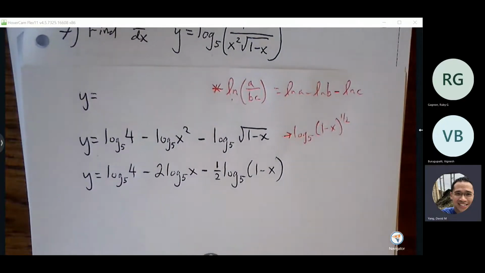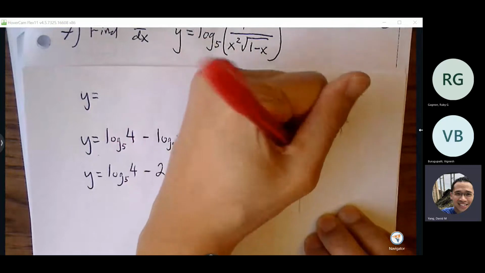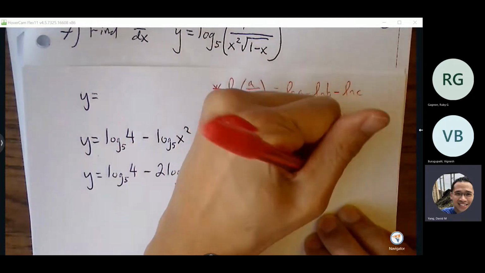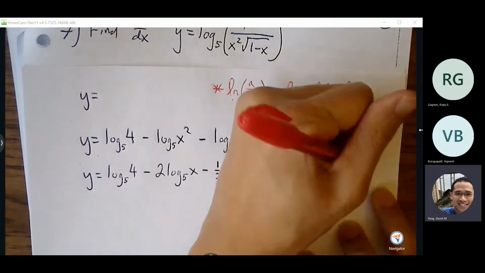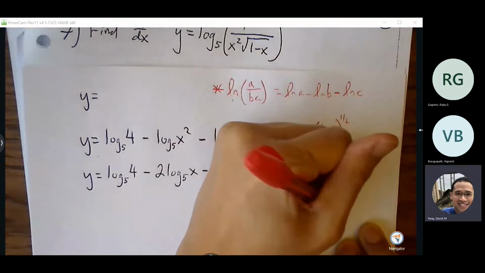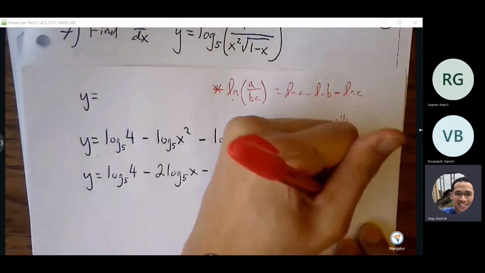So all these log terms have a rule that we can use. The derivative of log base a of u looks a lot like natural log. It's just a little bit in front of that u prime over u.